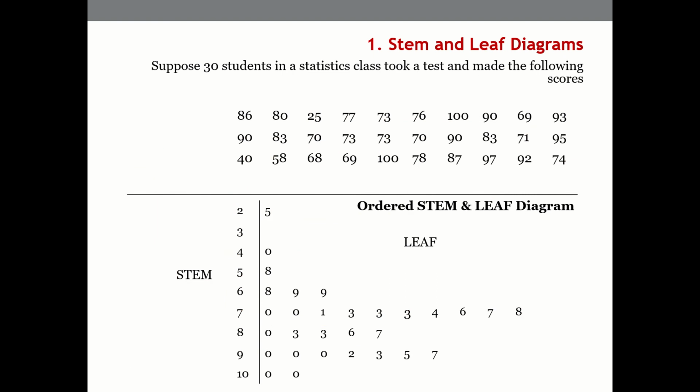Normally this is done in an orderly manner. We rearrange this data to show the progressive numbers: 80, 83, 83, 86, 87. Similarly here: 70, 70, 71, 73, 73, 74, 76, 77, 78.